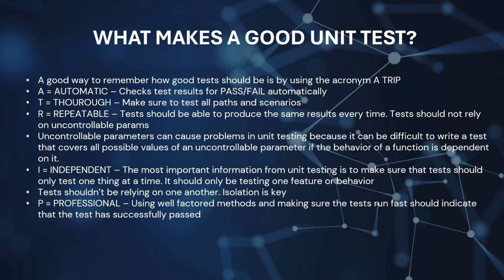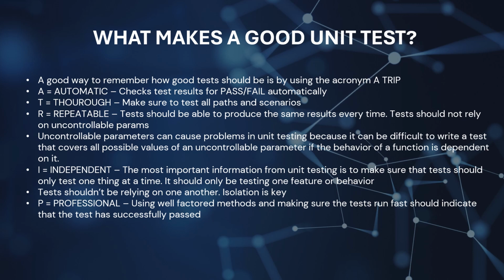Uncontrollable parameters can cause problems in unit testing because it can be difficult to write a test that covers all possible values of an uncontrollable parameter if the behavior of a function is dependent on it. I equals independent. The most important information from unit testing is to make sure that tests only test one thing at a time.